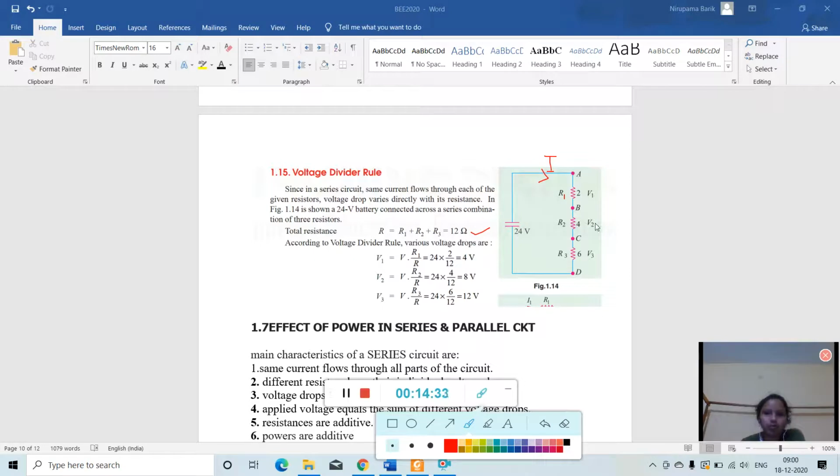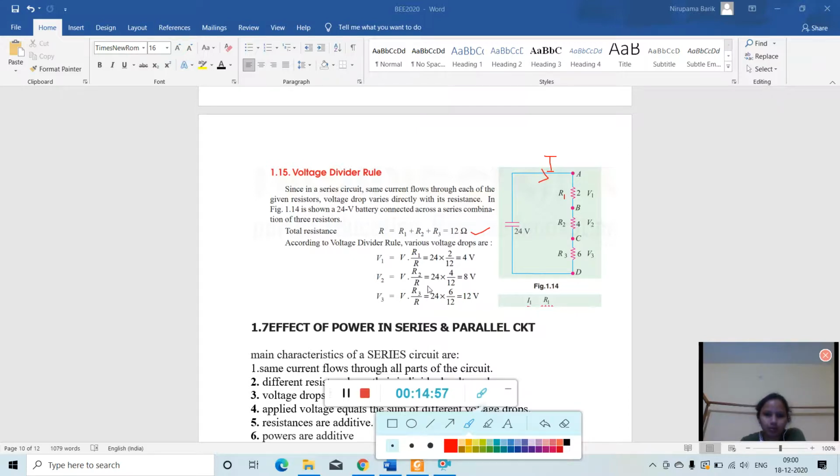Similarly, V2 is equal to the total voltage V into the same resistance.